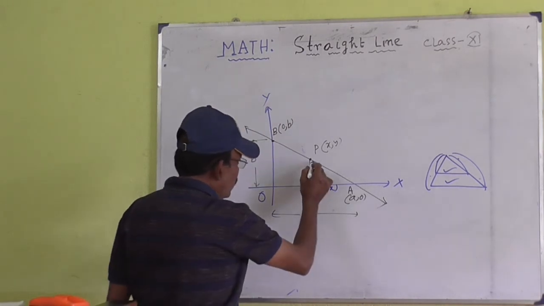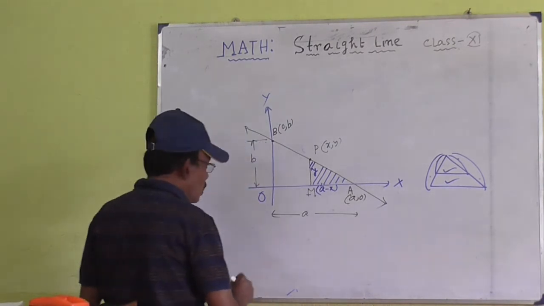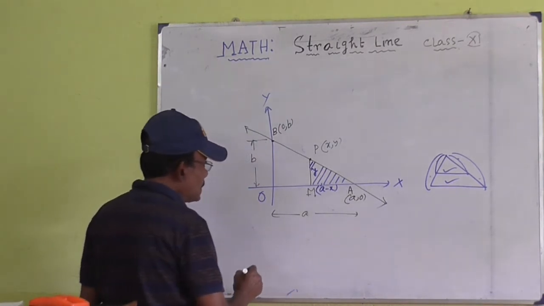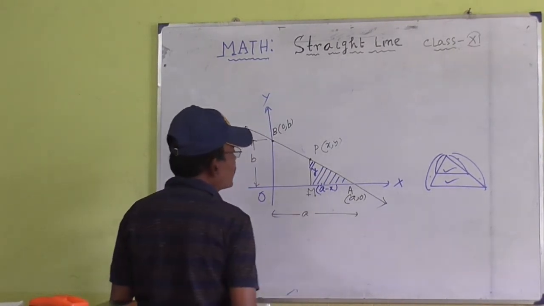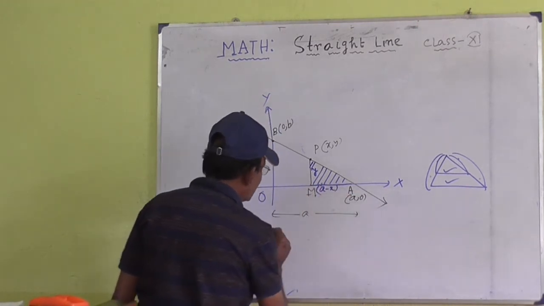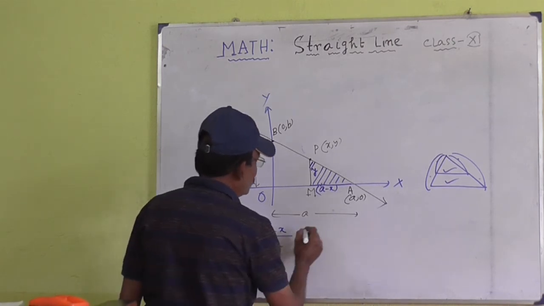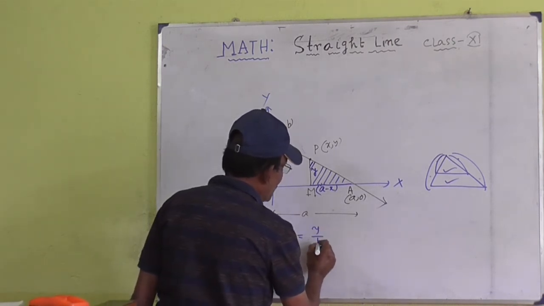So from the basic theorem of similarity, (a minus x) by a equals y by b.